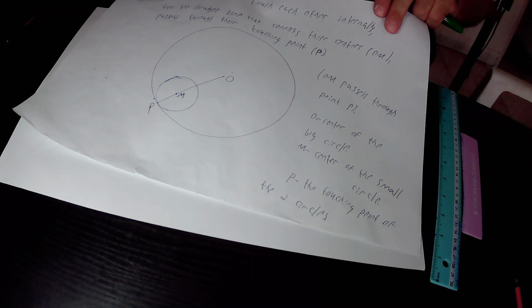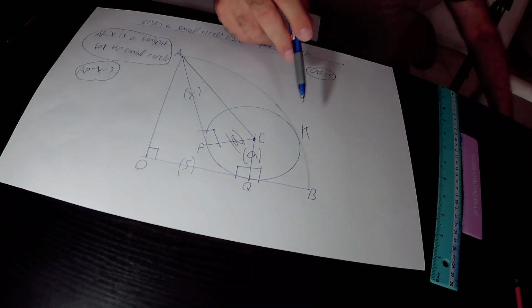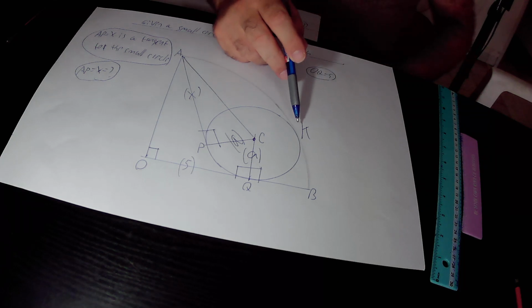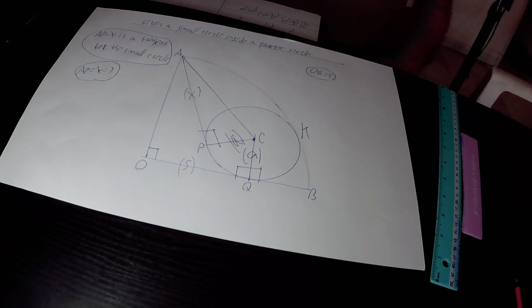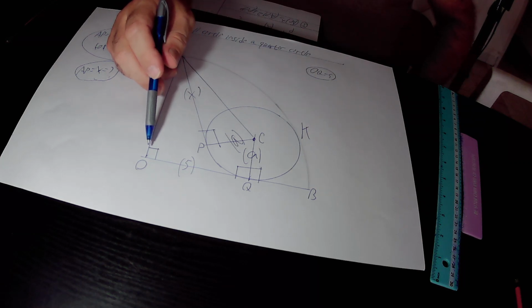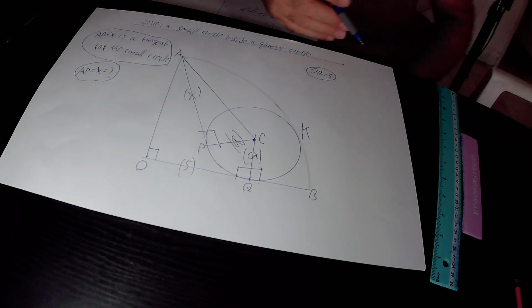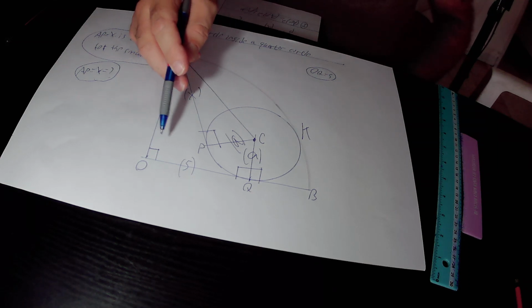So we can implement rule 9 in our drawing because we have an internal tangency between this small circle and this big quarter circle at point K. According to rule 9, the center of this big quarter circle is O. The center of this small circle is C. And the straight line that connects their centers together is, of course, the straight line OC.